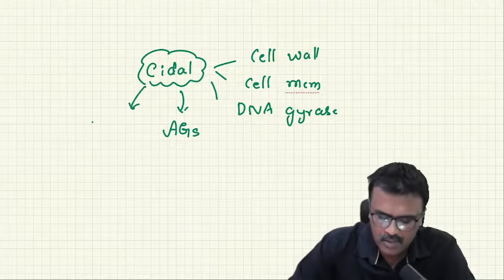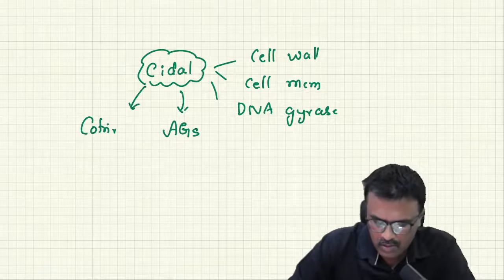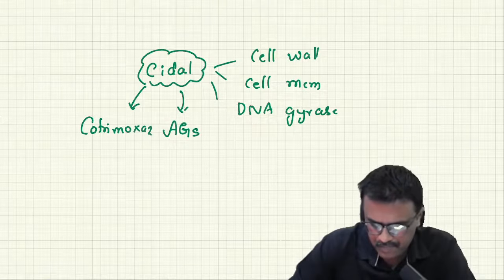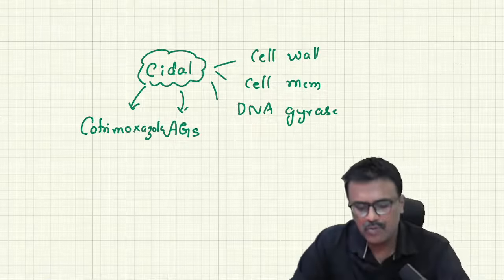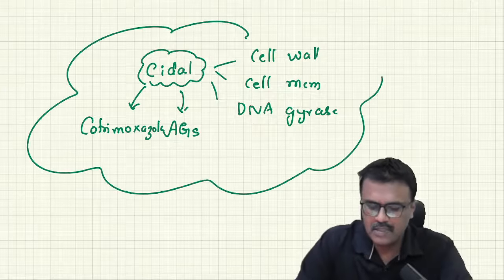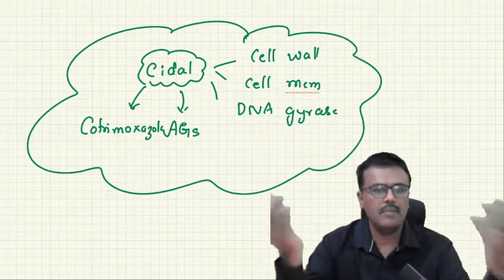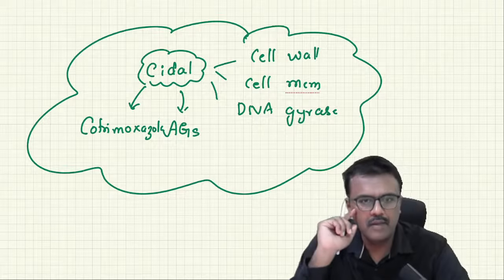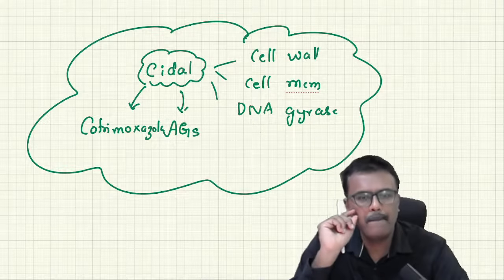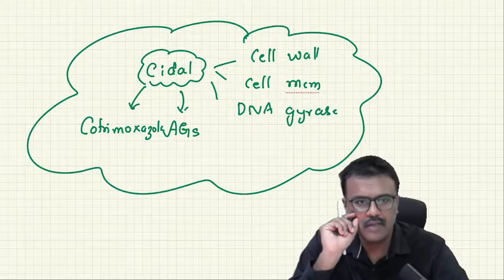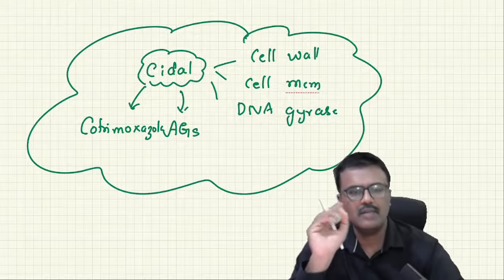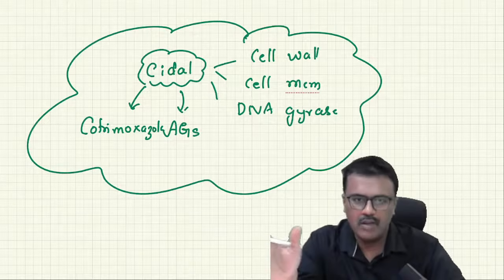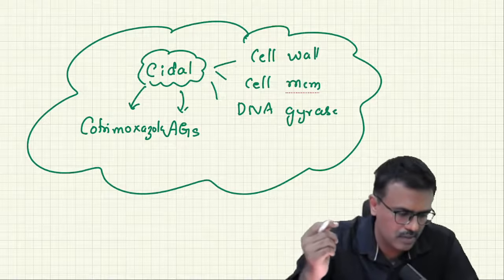Sulfonamides are static, but the combination called co-trimoxazole is cidal. So if you know the cidal drugs, then the remaining is static. So drugs acting on cell wall, cell membrane, DNA gyrase, aminoglycoside and co-trimoxazole, these are cidal. Remaining all are static. So you will answer one question like that.